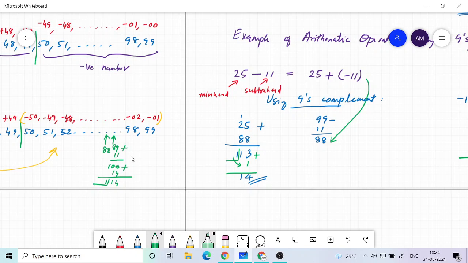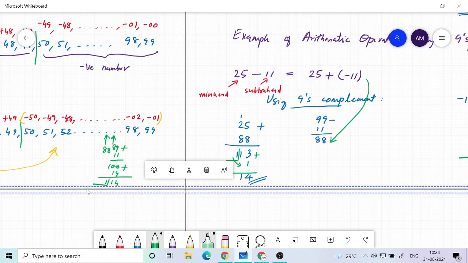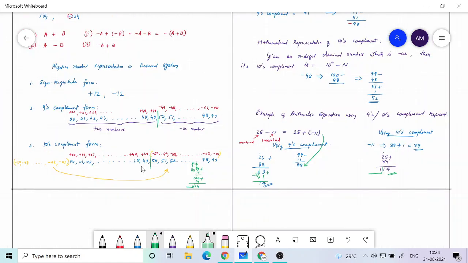The remaining part is the answer. What we wanted to do is 25 minus 11. That minus 11 is done when you have taken 11 steps. The remaining portion, that is 14, which is our answer, will come as 114. So you just discard the carry, you get the answer. Yes, sir. Okay, so let's take a break.